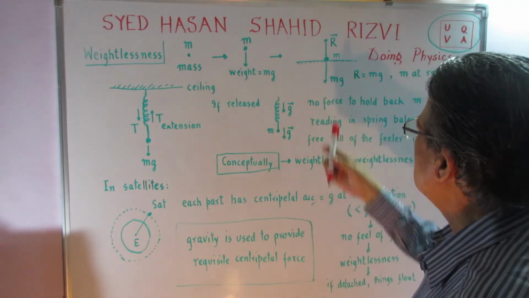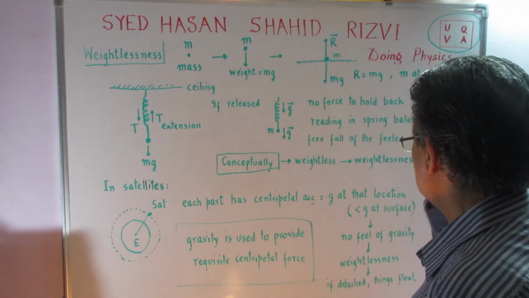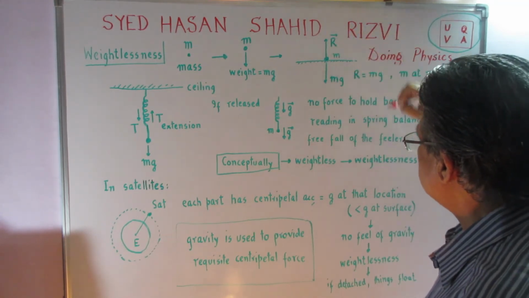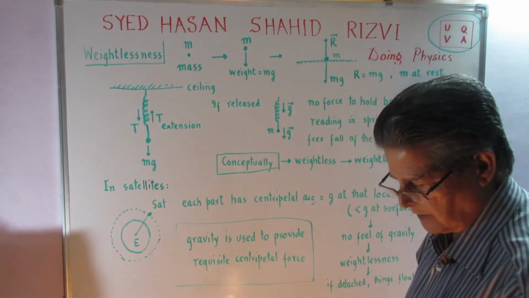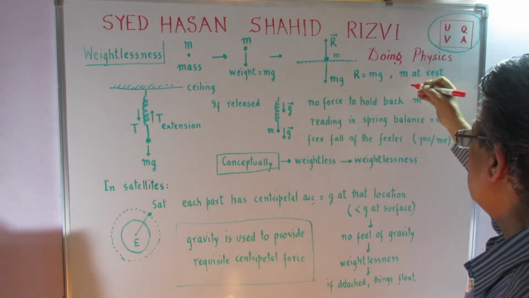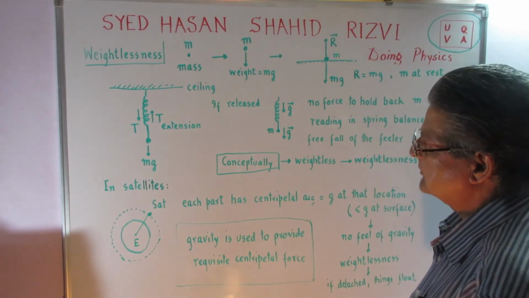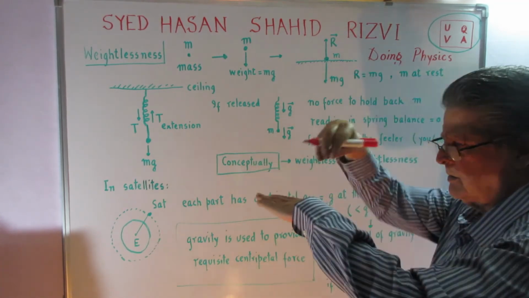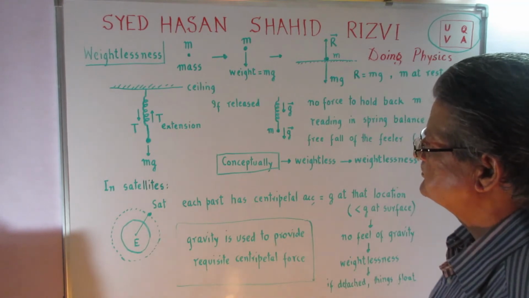One is the downward gravitational force, and one is the reaction of the surface, which is due to the electromagnetic forces, and R is equal to mg, and we say that m is at rest. So this is one condition where we have a body put on a platform.